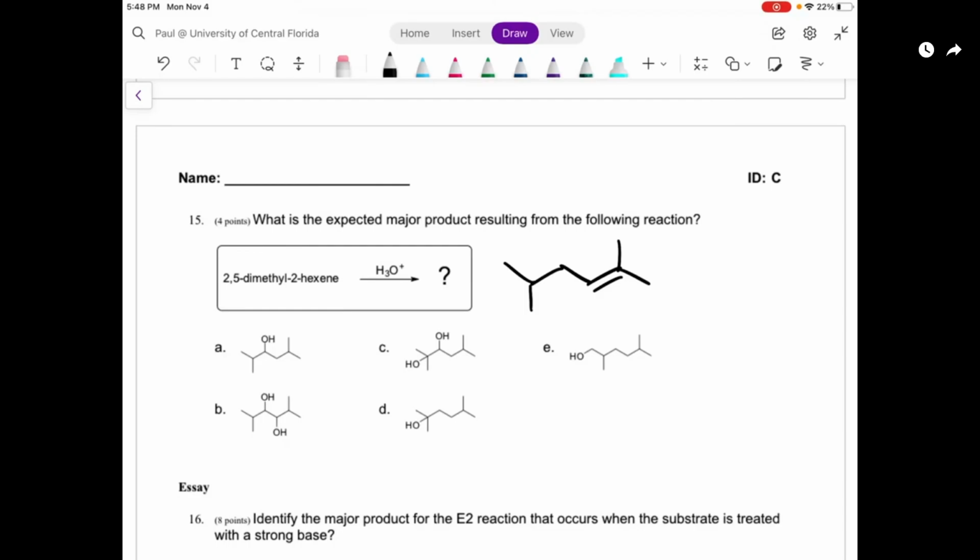And when we treat an alkene with hydronium, that's a hydration reaction. Where's the alcohol going to want to go? We have this carbon or that carbon. Well, it's going to go to the more substituted side because that would generate a more stable carbocation. And so 15 would be that right there.